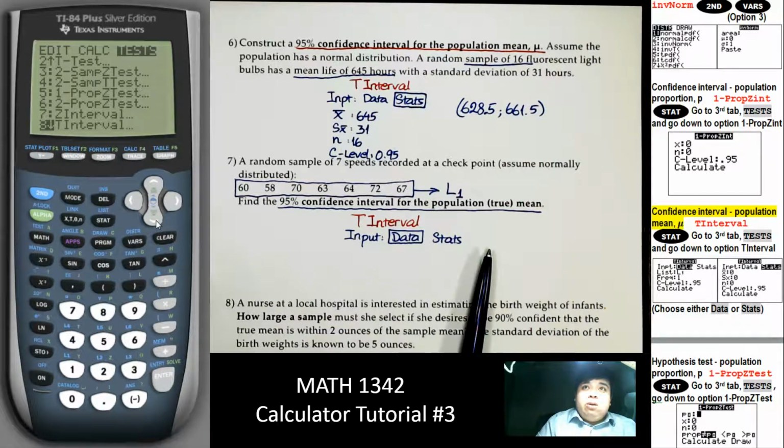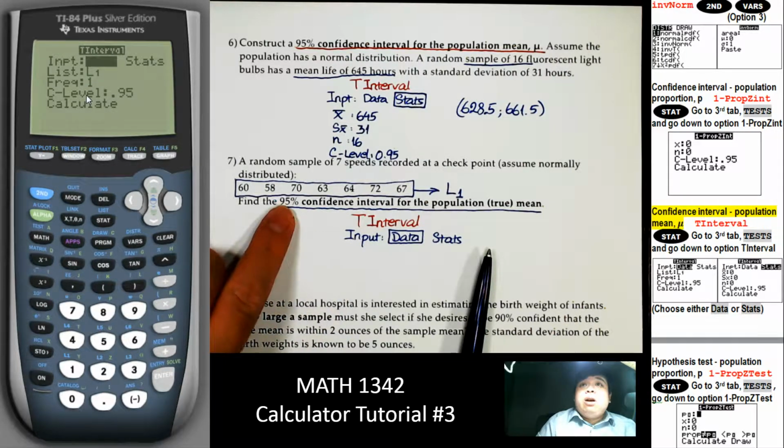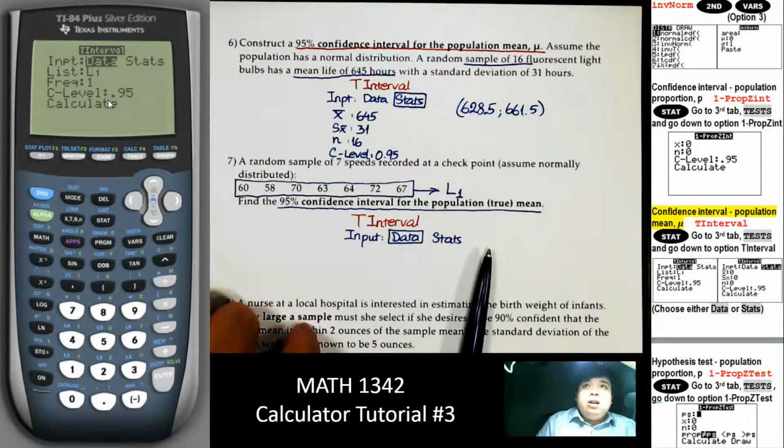So t interval, option number 8. This time choose data. Right. When we say list 1, do not mix up. The list is list 1. Do not mess up with the frequency for that. And we do have 95%, so it's good. Keep it on.